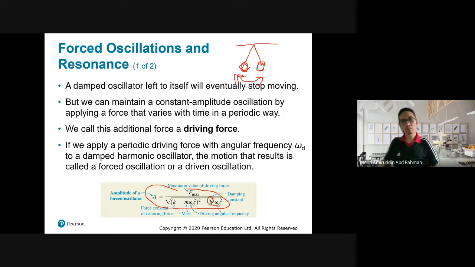So we apply a force F. This is what we need to calculate: F max, the maximum value of that force. We keep applying that force, so it will keep the simple harmonic motion. This is the equation to calculate that.